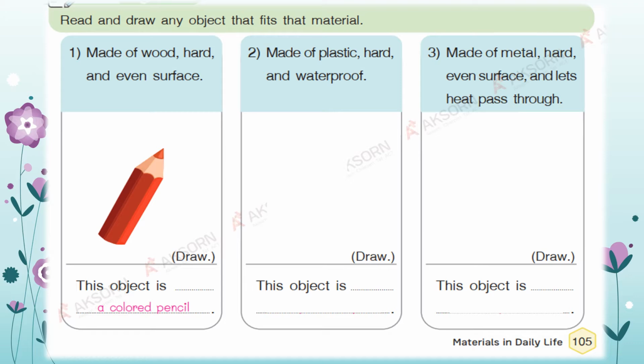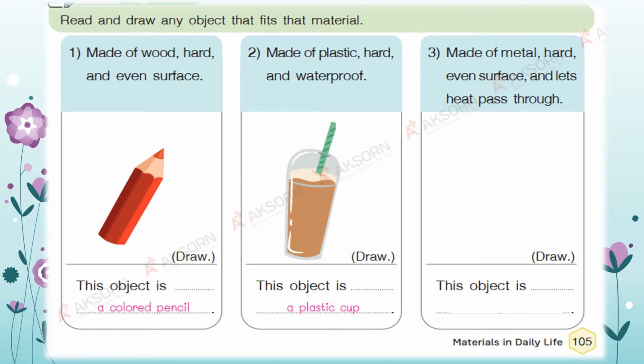Next, number 2, made of plastic, hard, and waterproof. What is the material that you can draw that is made of plastic? I draw the bottle of milk tea, a plastic cup.